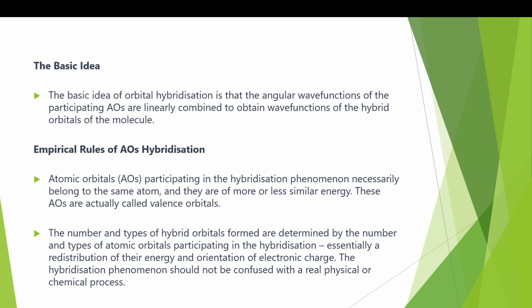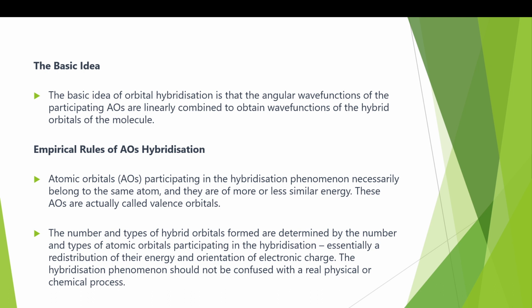Empirical rules of atomic orbital hybridization. Atomic orbitals participating in the hybridization phenomenon necessarily belong to the same atom, and they are of more or less similar energy. That is, their energy should not differ too much. They must be close enough. These AOs are actually called valence orbitals.